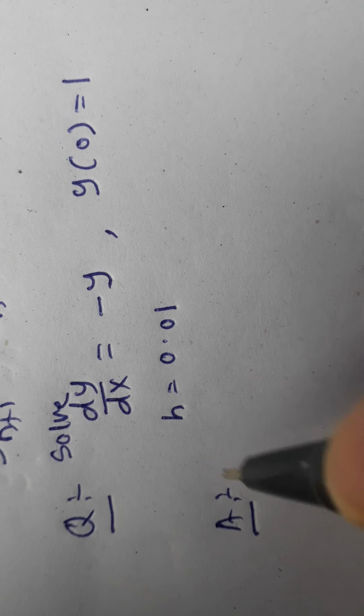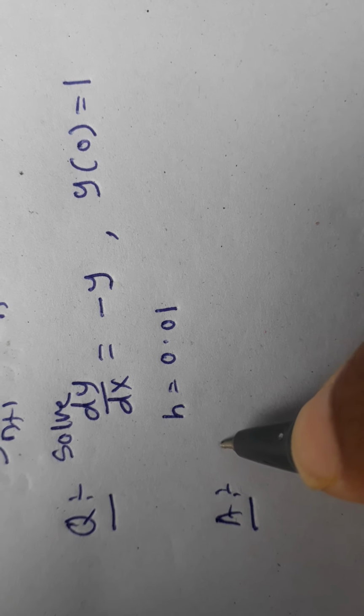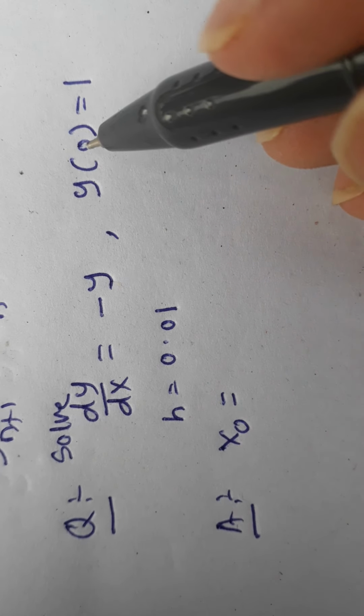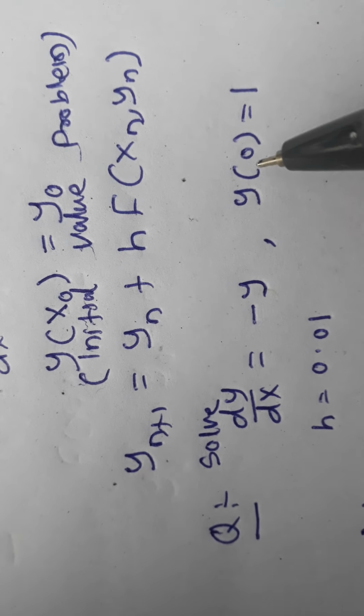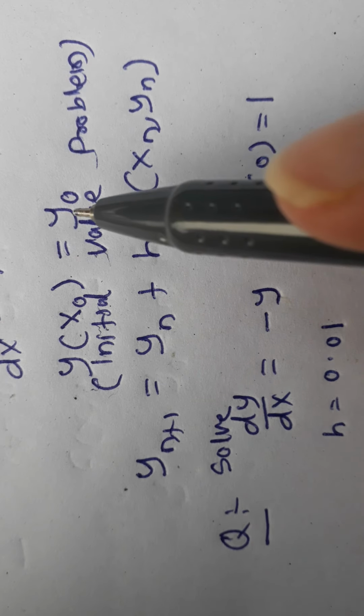Let's see what things are already given in the question. Here x0 is the initial value of x. I have already discussed y of x0 equal to y0, this is the initial value.